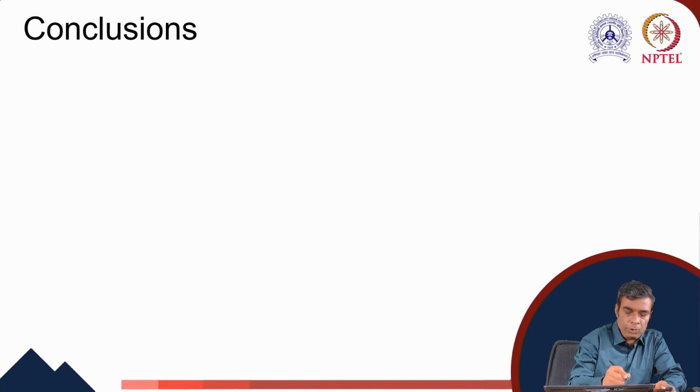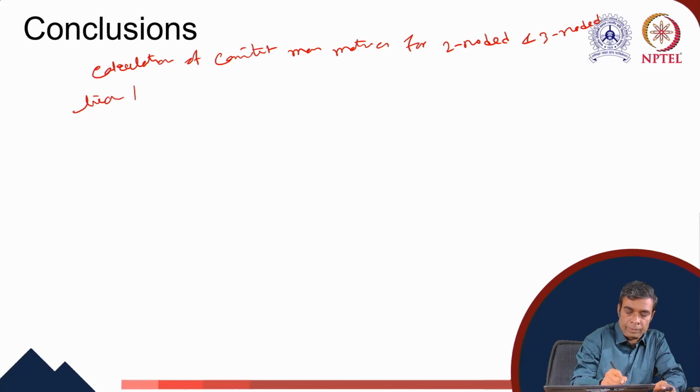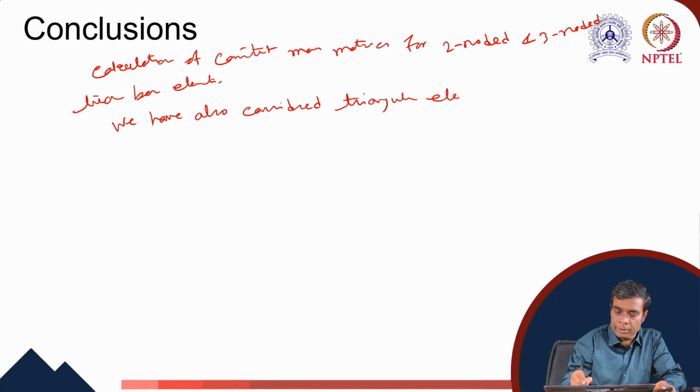In today's class, we have shown the calculation of consistent mass matrices for two-noded and three-noded linear bar elements. We have also considered a triangular element of linear type.